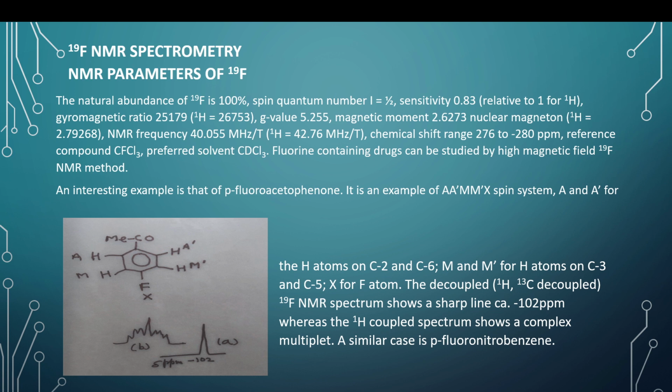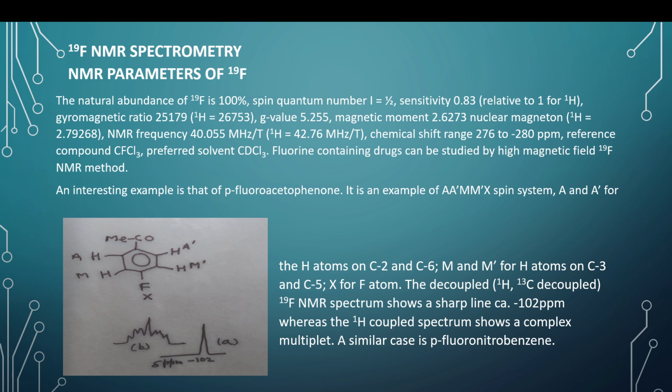Chemical shift range 276 to -280 ppm. Reference compound CFCl3. Preferred solvent CDCl3. Fluorine containing drugs can be studied by high magnetic field fluorine 19 NMR studies. An interesting example is that of parafluoroacetophenone. This compound represents an example of AA'MM'X spin system for the protons.